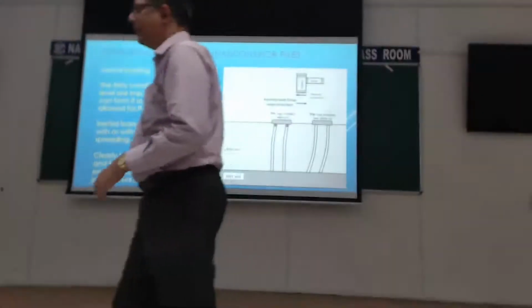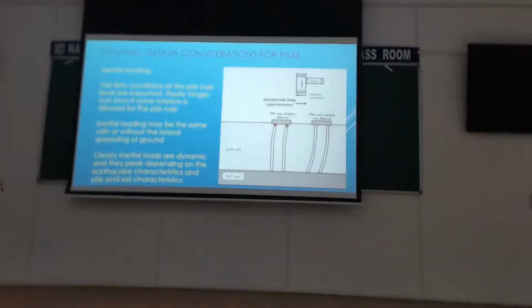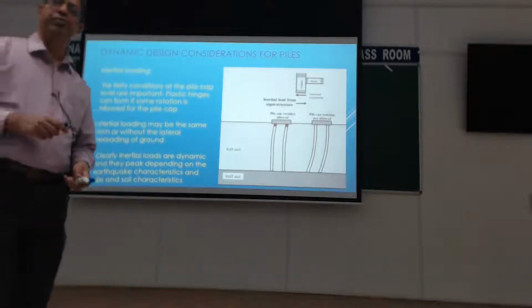So, inertial loading, we can imagine, if I draw cartoons of this, the columns will create base shear because of the inertia of the building, and that is applied as a horizontal load onto the piles. Also, we said you can get a movement on top.